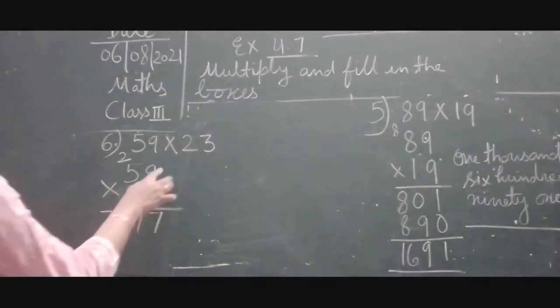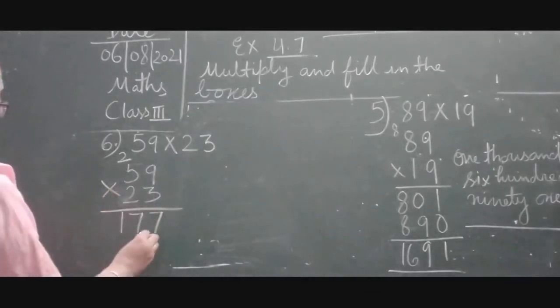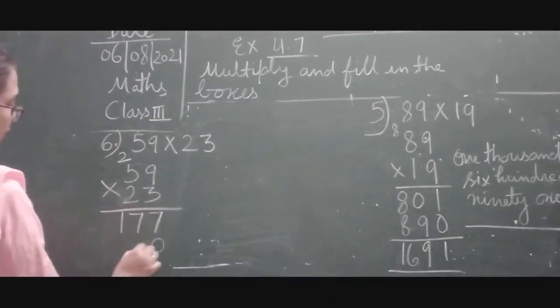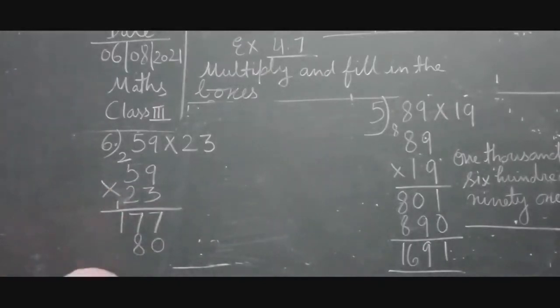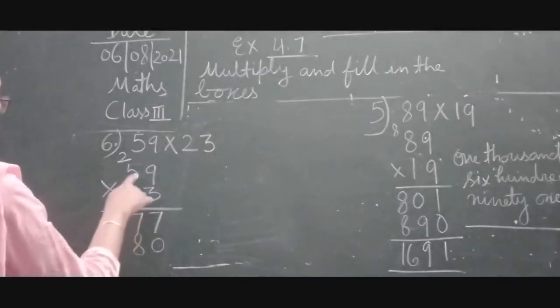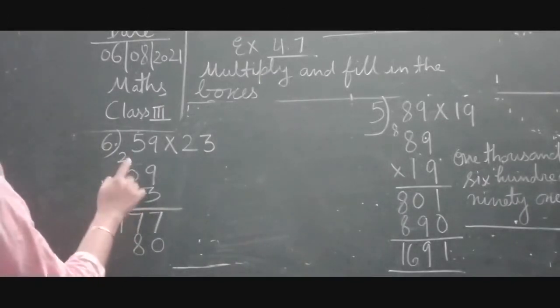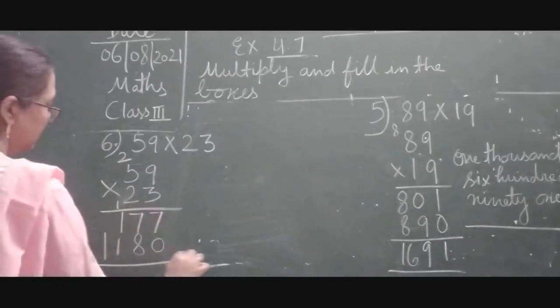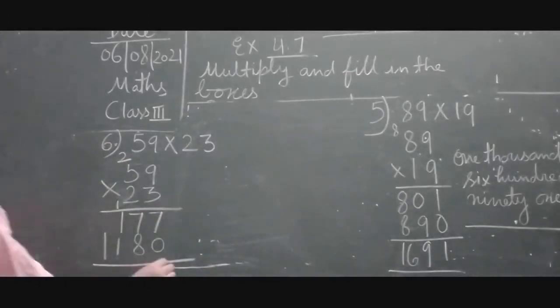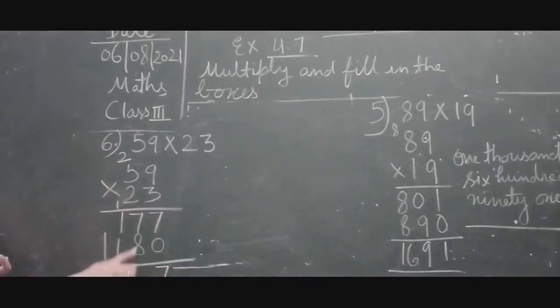Okay, so 9 2s are 18, children. We will write 0 over 18, 1 will be carried over. So here, children, we will write 2 5s are 10. 10 plus 1 is 11. So here, children, you can write 7, 8 and 7.